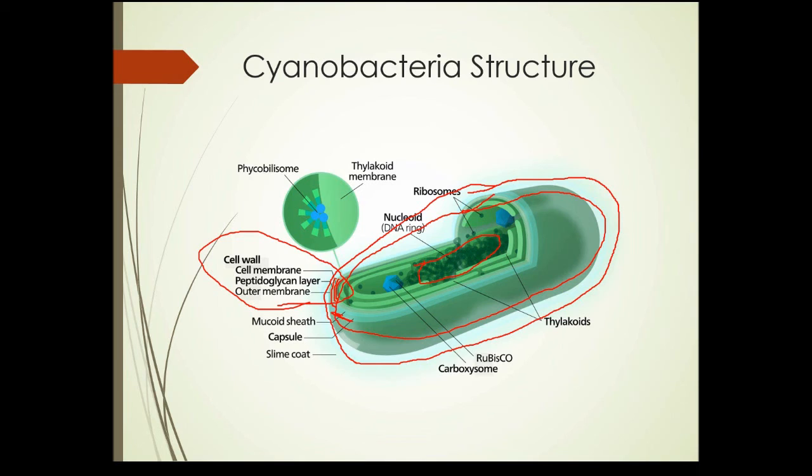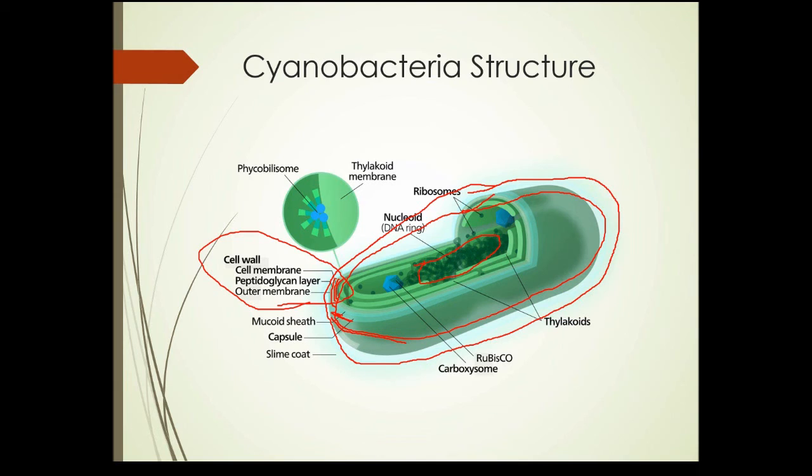Outside of that, there's a mucoid sheath that creates mucus or slime, and then the entire structure, follow this line around here, forms something called the capsule, the entire thing.